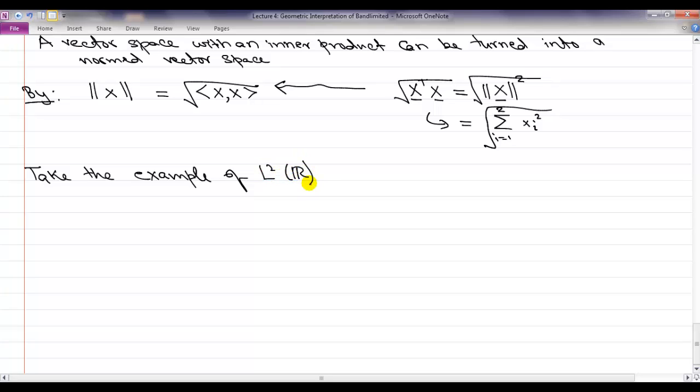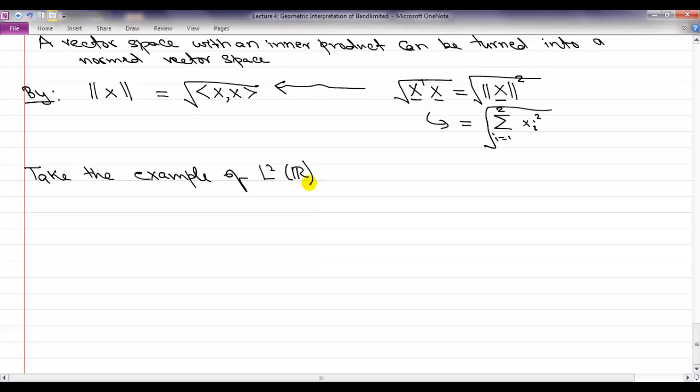We have so far argued it's a vector space, but what does it mean to say that one signal is similar to another signal? Or to say that one signal is orthogonal to another signal?